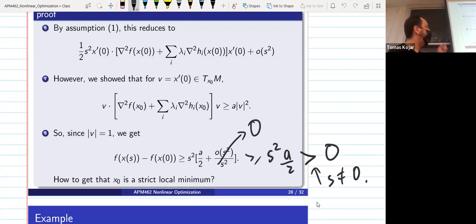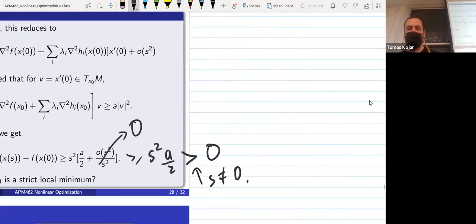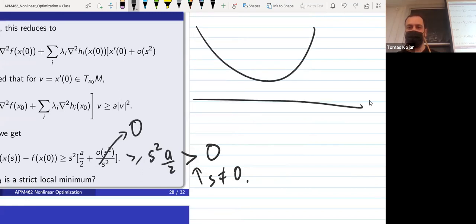So I proved that x naught is a local min because if you give me any curve close by, let's go. It's hard to do it. I'll do it in 1D. Hopefully it makes sense to you. So this is 1D. This is the x naught. x_s is always in the domain.